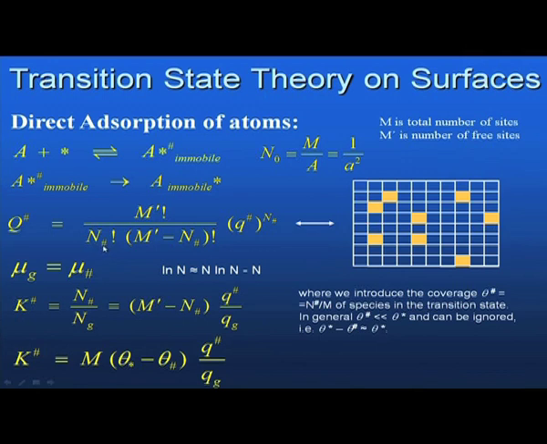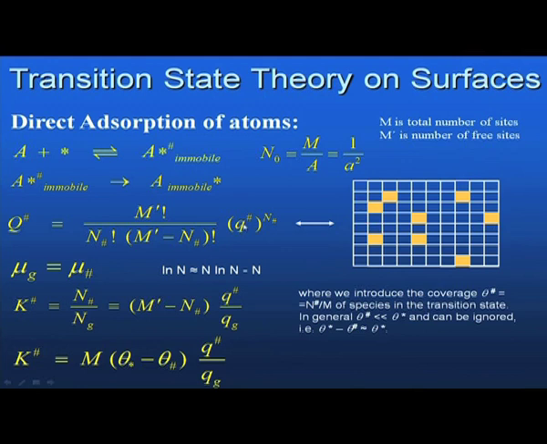These are the number of adsorbed gas molecules, molecules which are in activated state. This corresponds to the number of atoms which are adsorbed, times this, since this is for your activated state. Therefore, n number of such activated atoms are there.